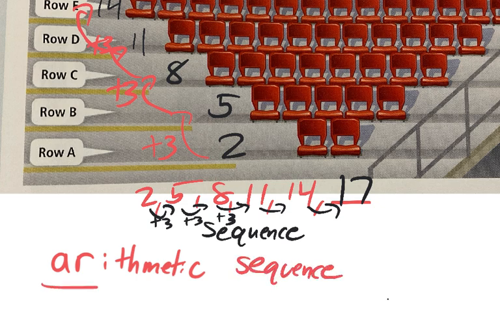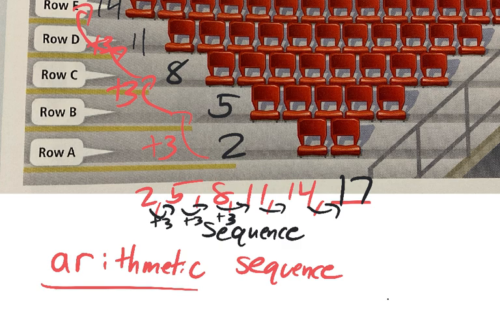It is arithmetic, but it's not pronounced that way. Does anybody know what that word is? It does mean math, but that's not how you say that word. That's correct. That's an arithmetic sequence.